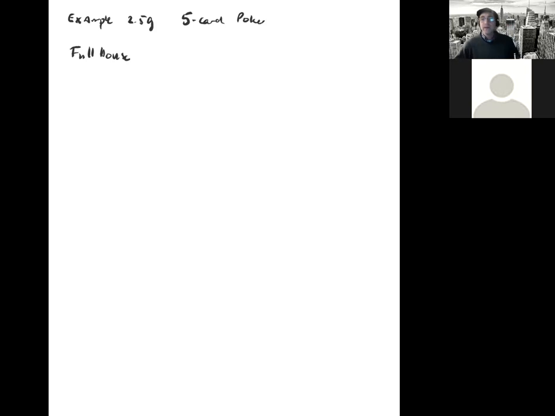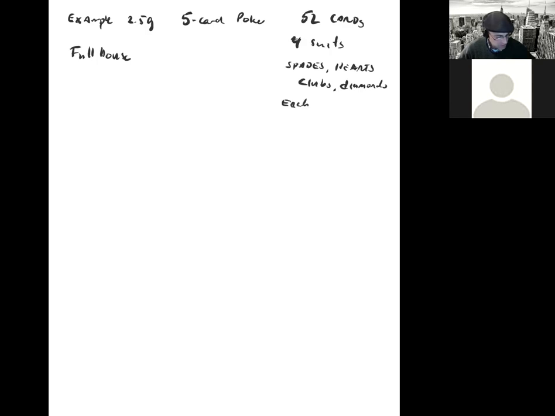Maybe I should explain. So a standard deck of cards, if you've never played cards before, has 52 cards. And there are 4 suits. There's spades, hearts, clubs, and diamonds. And each suit has 13 cards.